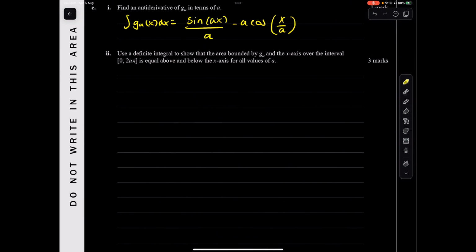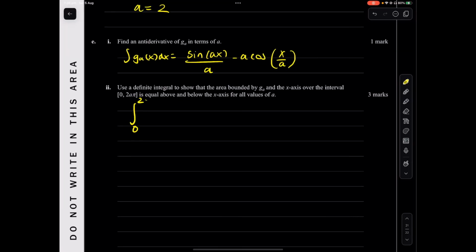So the area should be 0 at the end of the day. Okay, so we're saying the integral from 0 to 2a pi.